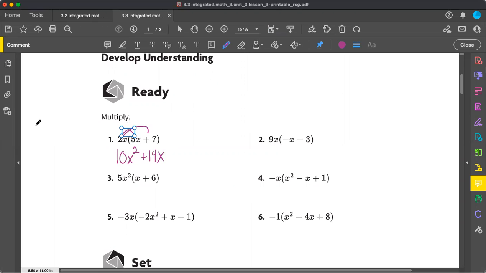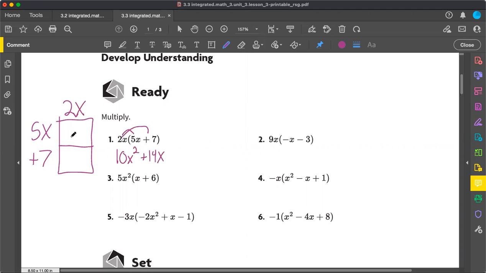Another approach you might be into. Maybe you rewrite it. Maybe use this device. Did I do it wrong? Yeah, I did it a little wrong, but that's okay. Maybe on the side, you say, well, it's 5x plus 7. Yeah, no doubt. But then maybe you're a little organized and you say up here, you want this to be 2x multiplying with each of these.